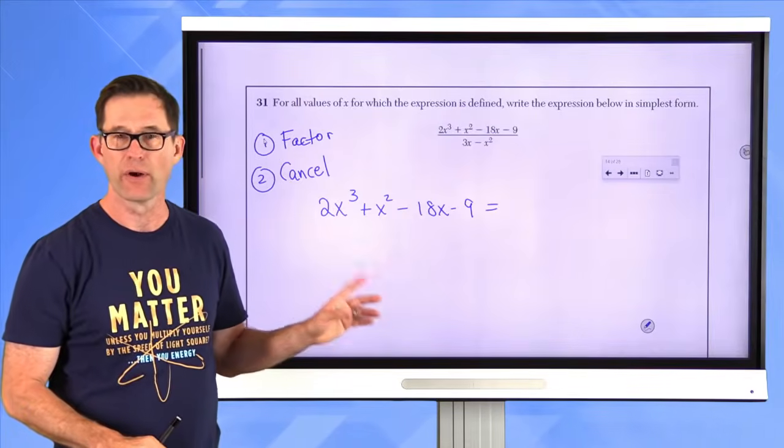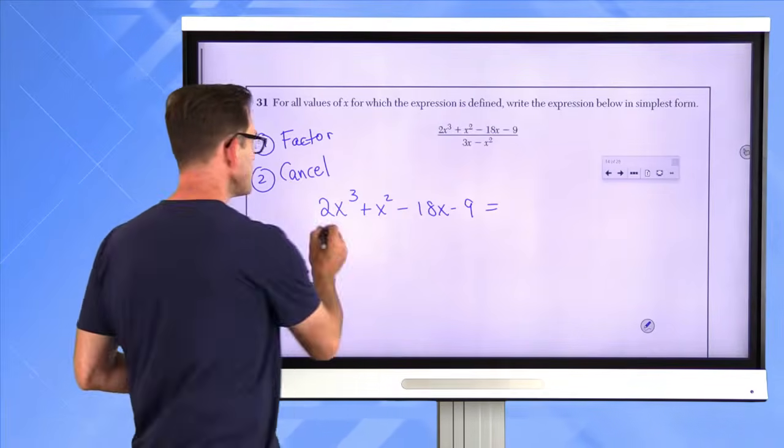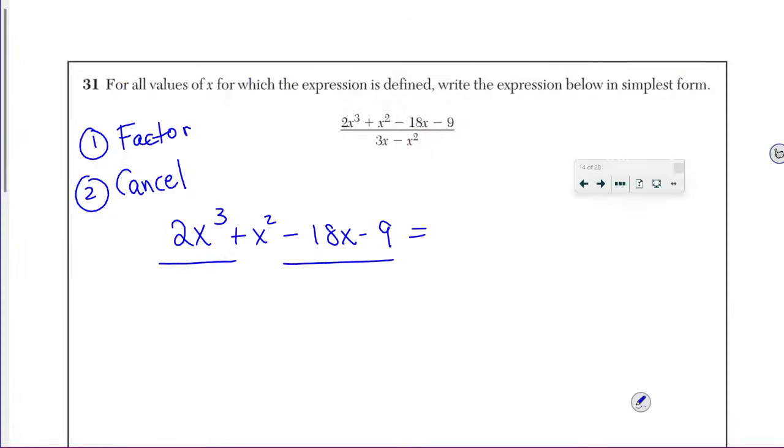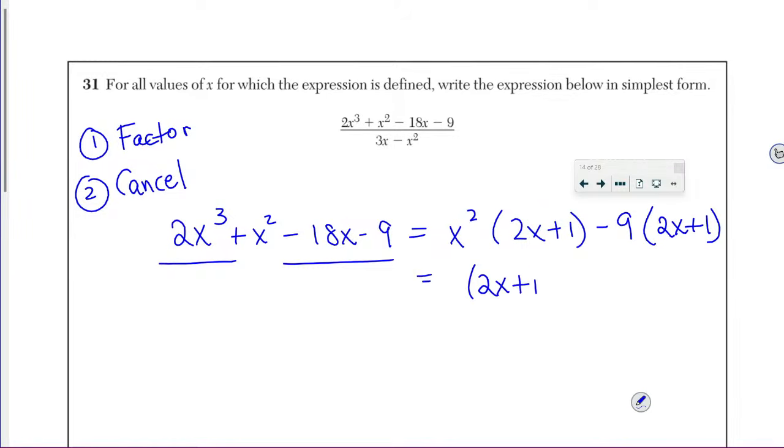Let's factor the numerator. This is going to be a factoring by grouping, so I'm going to look at these two and I'm going to look at these two. On that first one, I can factor an x squared out, and I'll be left with a 2x plus 1. And in the other one, I can factor out a negative 9. Often we factor out a negative, and I'll also be left with a 2x plus 1. So that's going to be 2x plus 1 times x squared minus 9.